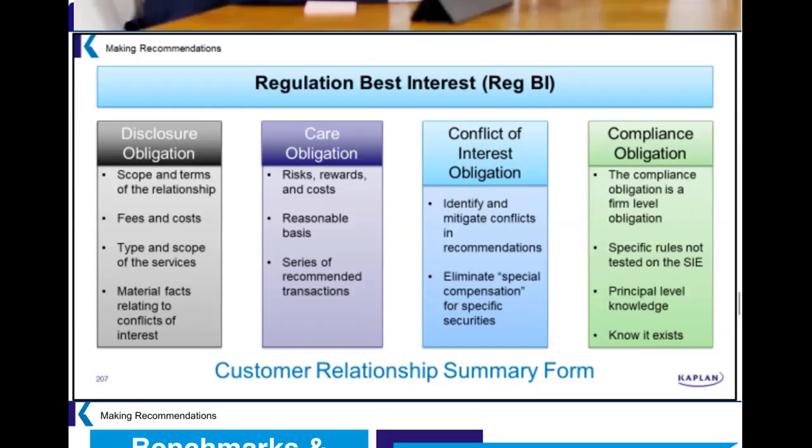The main thing you need to know for the SIE is that the principal is required to be in charge to make sure that all compliance is followed, and that we're to know that compliance exists. I think that our annual compliance meeting, our ACM, does a wonderful job in giving us a lot of that information and preparing us to be able to best care for our clients.